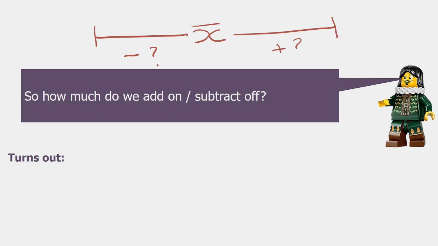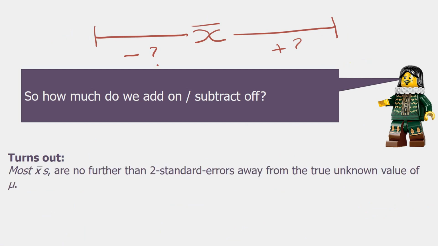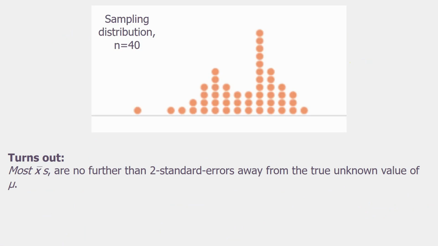Well, it turns out most sample means are no further than 2 standard errors away from the true unknown value of the parameter mu, or the population mean. This is similar to the idea that we used back in chapter 1 to estimate our standard deviation.